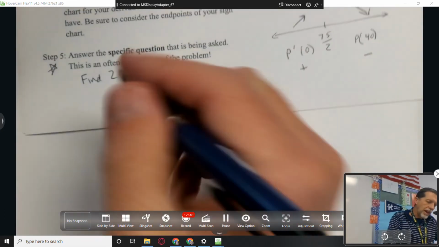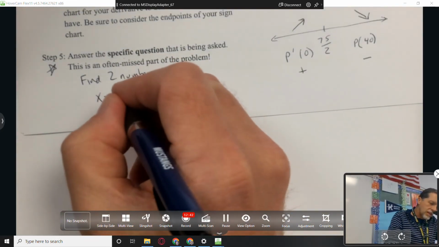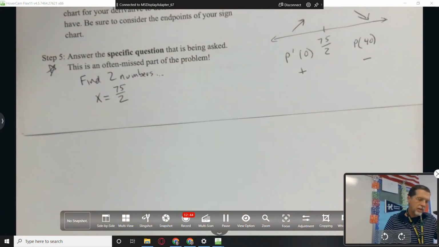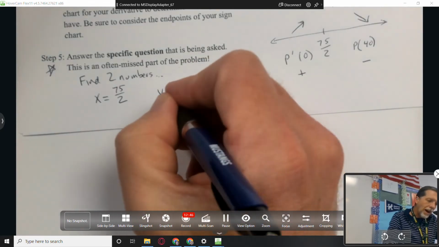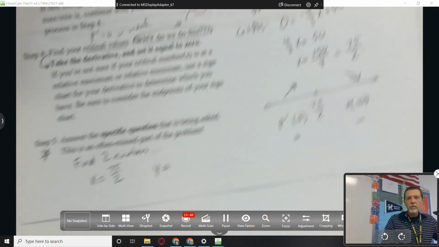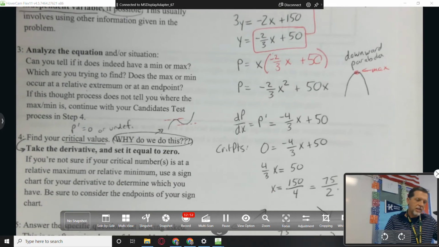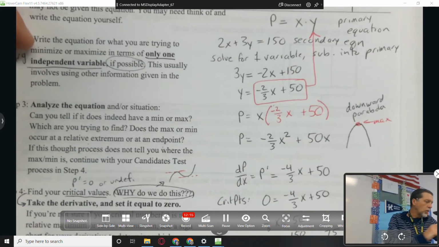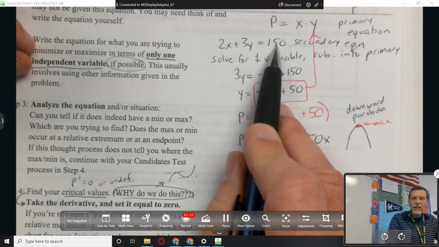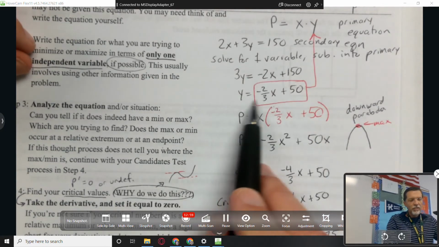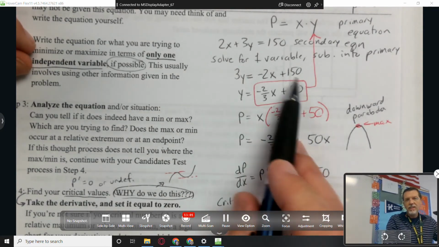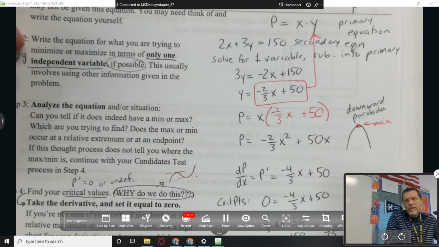Okay, well, I've got x. x is 75 over 2. I need to find y. Plug it in where? I've got a whole lot of stuff going on. The 2x plus 3y. You could plug it in right here. You've also already solved for y, so you could put it in right there. But you have to deal with fractions that way.